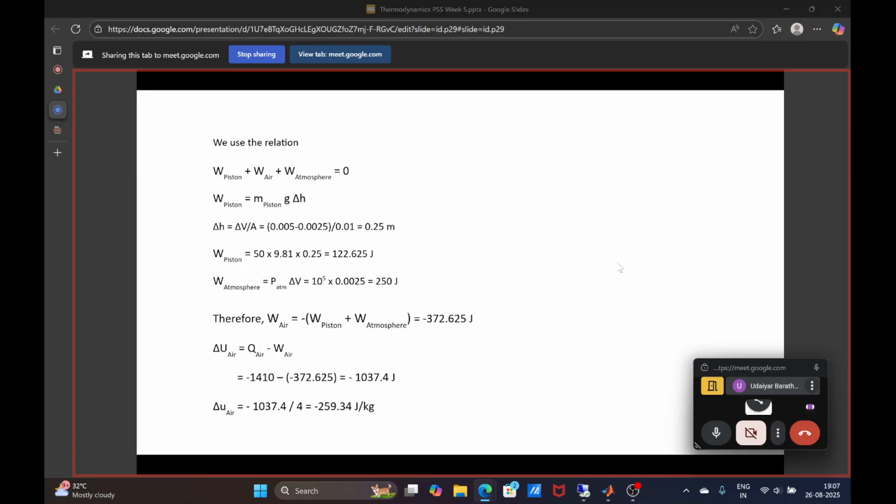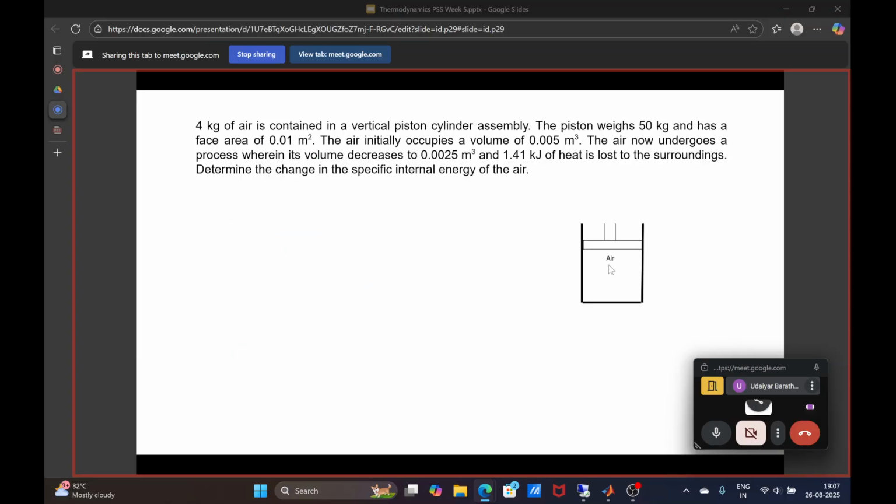First, we need to estimate the work done. If we apply the first law to the system, we need to find the specific internal energy of the system. We know how much heat has been lost.